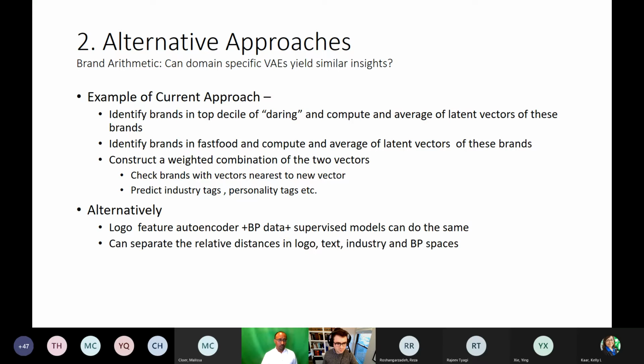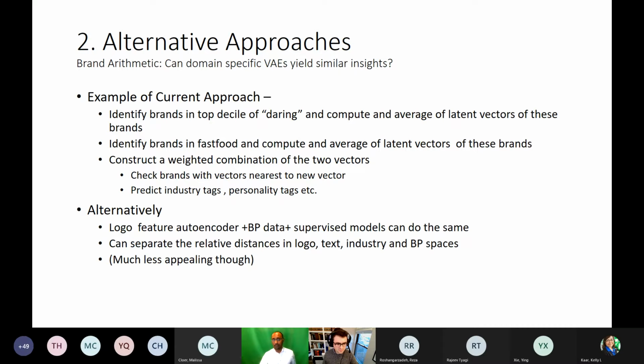Of course, we can then also separate out these spaces. So we would then be able to see on what specific dimensions these logos or brands are similar, either on text, or more similar on a specific aspect, which is around the logo or the brand personality aspect. And so that's something that you gain in exchange for the hard work of now having to have separate models.